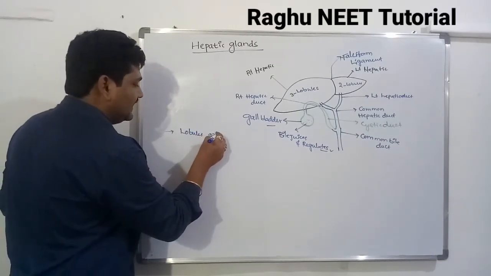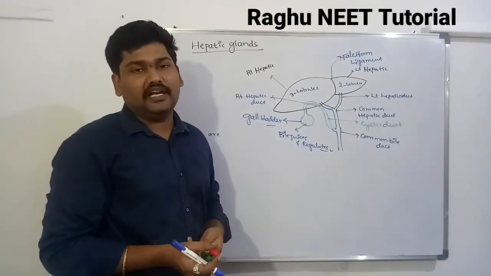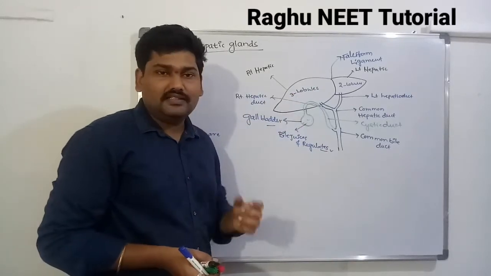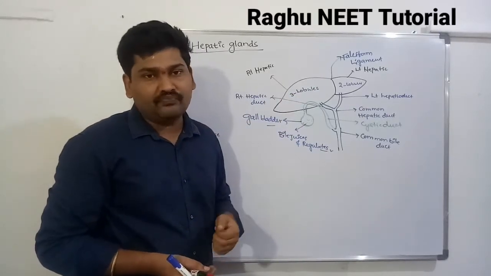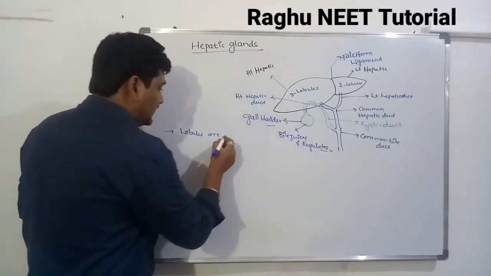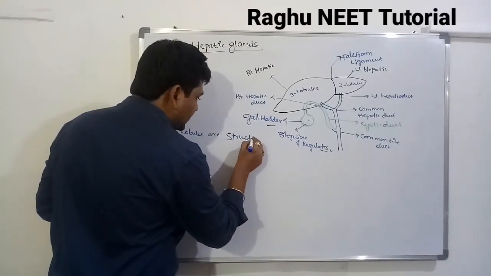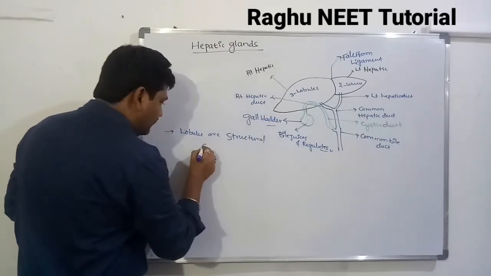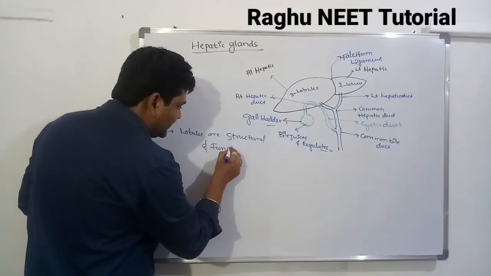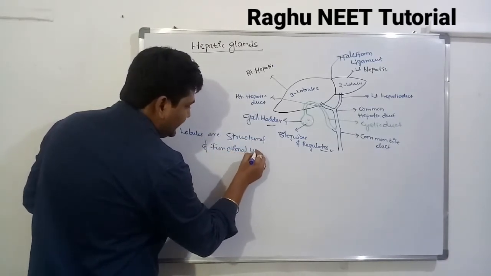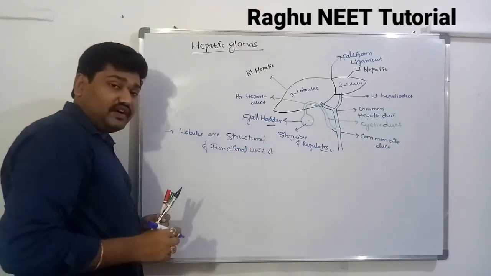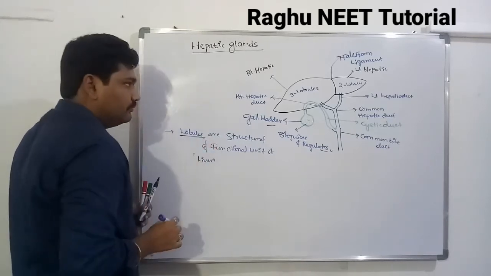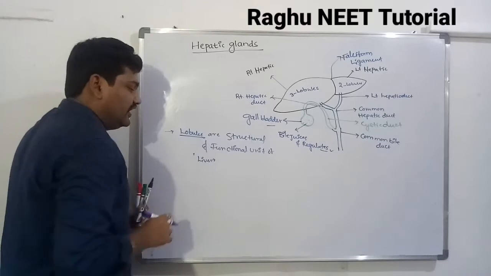Lobules are the structural and functional unit of the hepatic system, nothing but the liver. Which one? Lobules, not a lobe. Lobules are the structural and functional unit of the liver.